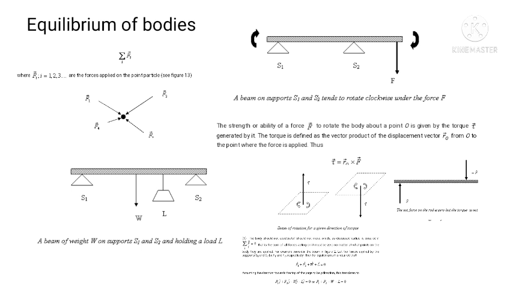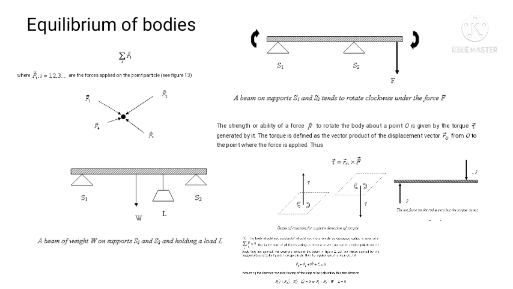The strength or ability of a force to rotate the body about a point O is given by the torque generated by it. The torque is defined as the vector product of the displacement vector r0 from O to the point where the force is applied, and the force.